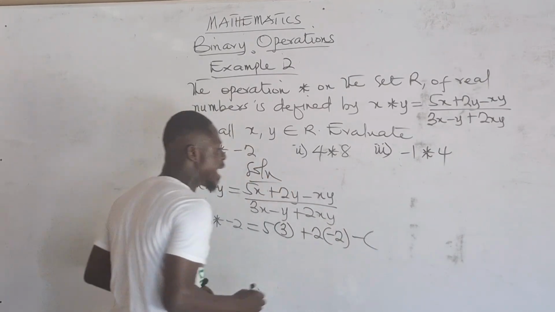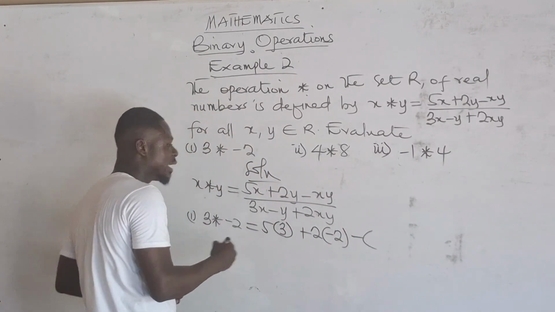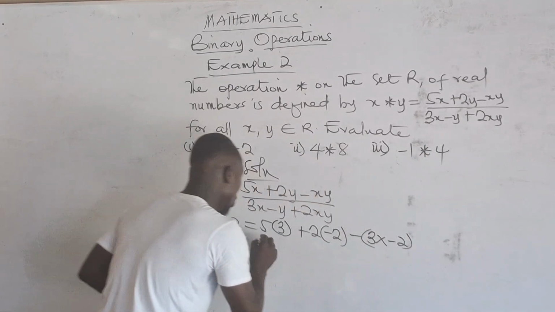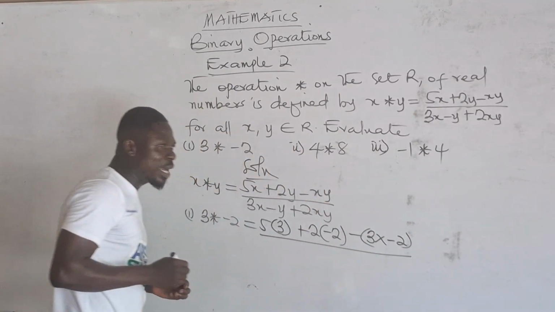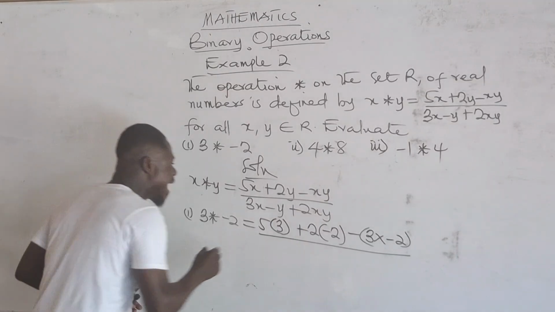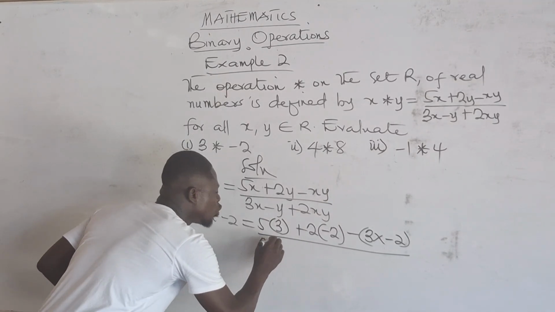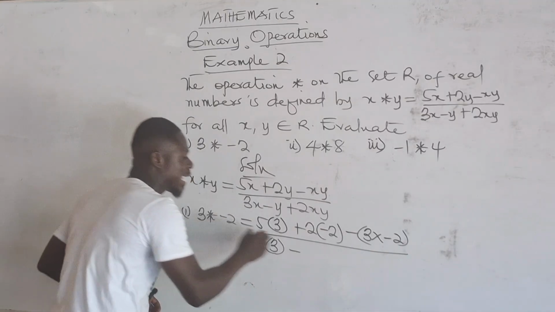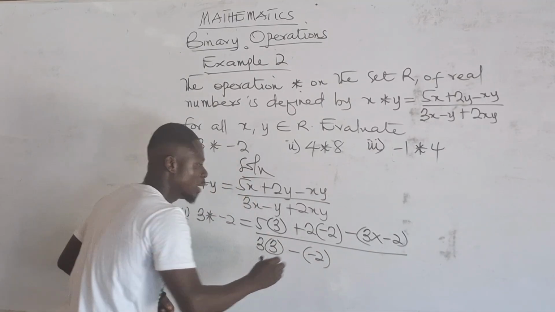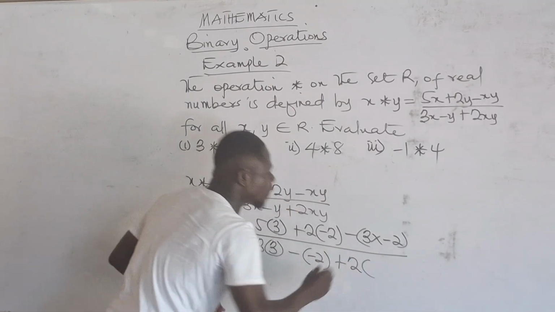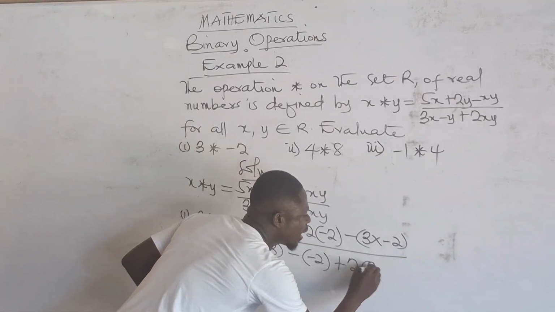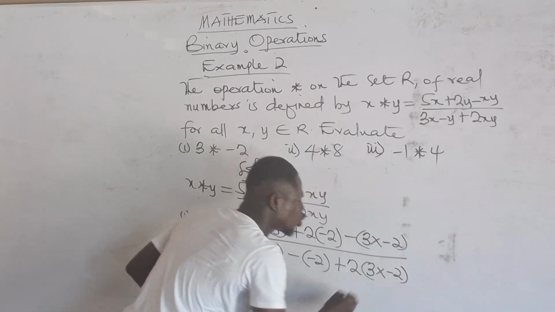And then over here we have the product of x and y, so we will have 3 multiplying −2, all over, when we come to the denominator part, we have 3 multiplying x, so it will be 3 by 3, and then minus what's our y, −2, plus 2 multiplying the product of x and y, so we are going to have 3 times −2.